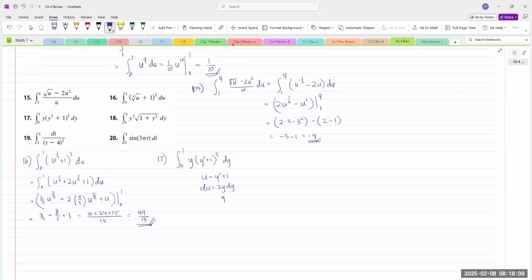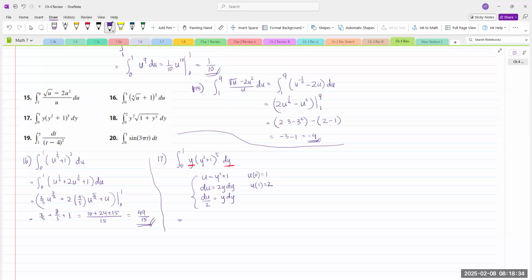So later on, our y dy will be equal to du over 2. Okay, u at 0 is 1, u at 1 is 2. Is it right?